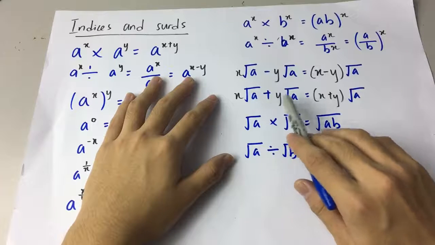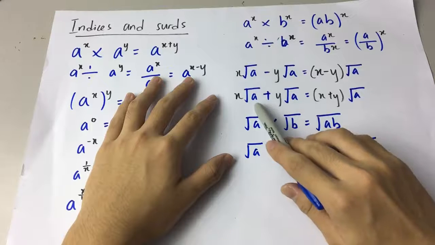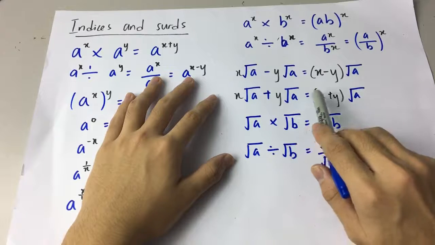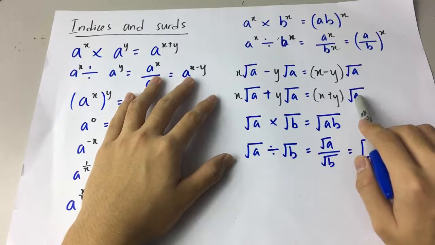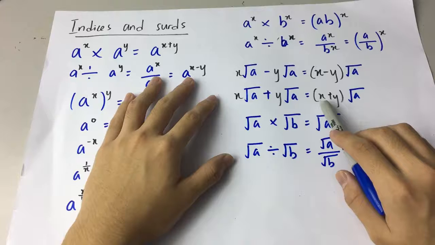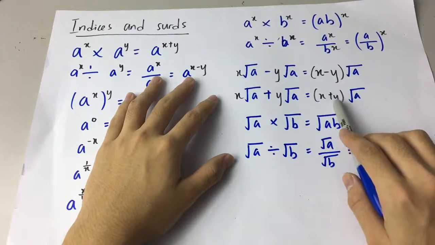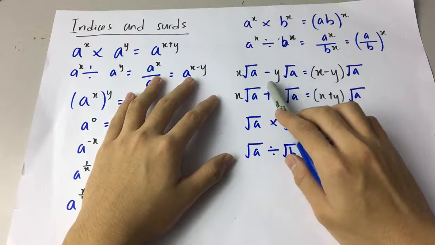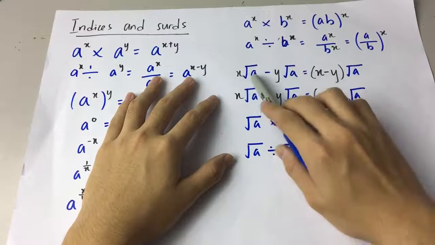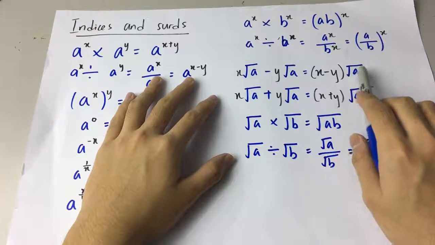Like the unknowns. So you see, we have x root a plus y root a. We can add these two together. I will call this the root a, it's easier for me. So x plus y, you just add the two together, x plus y in brackets, then root a. Same goes to the minus: x root a minus y root a, you get x minus y in brackets, root a.